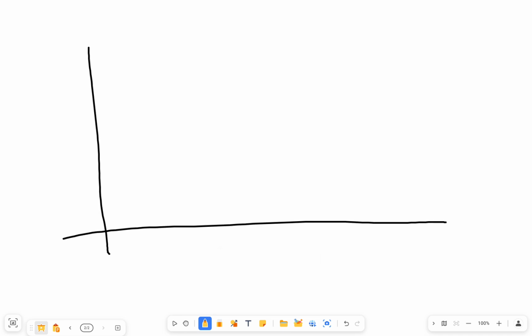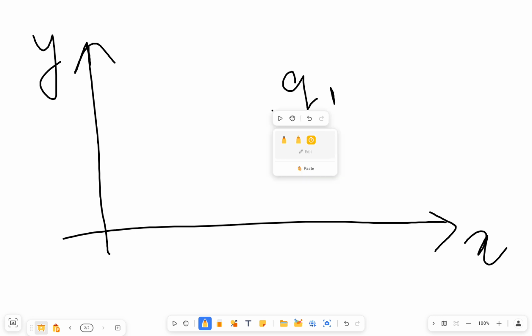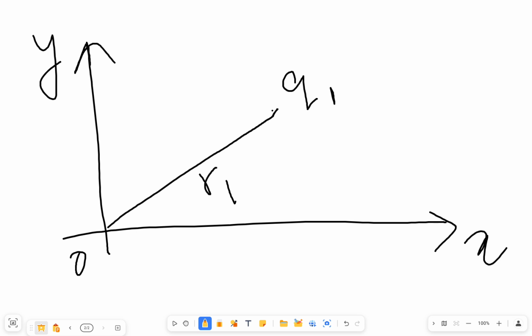So suppose there is an XY plane, and there is a charge Q1 that is at a distance of r1 from the origin.